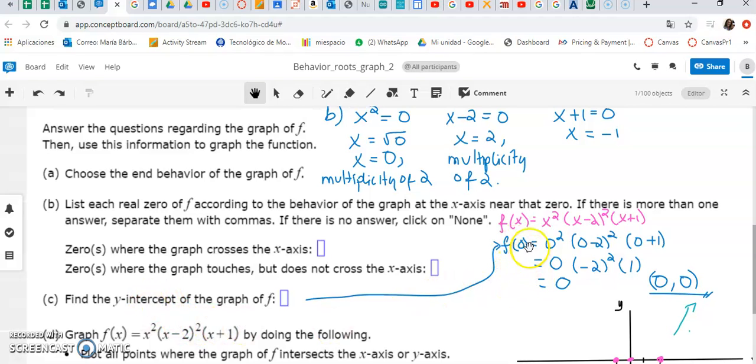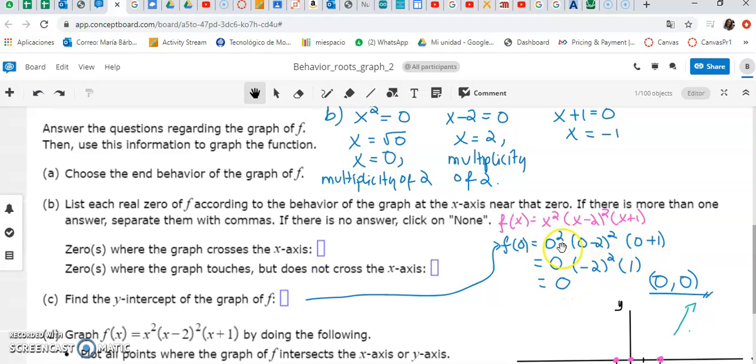I mean, when x equals 0, and we evaluate it. So we are going to have f of 0 equals, instead of x, remember that we are going to substitute it by 0 because we are evaluating the function at 0. So we have 0 to the second times 0 minus 2 to the second times 0 plus 1.